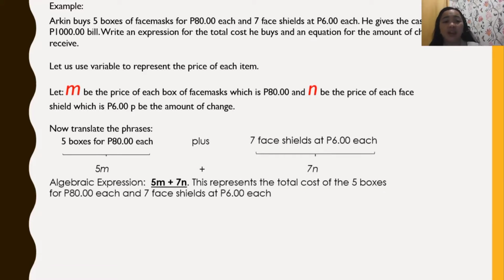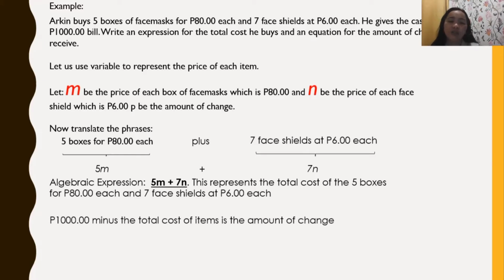Therefore, the algebraic expression is 5M plus 7N. This represents the total cost of the 5 boxes for 80 pesos each and 7 face shields at 6 pesos each. So, ito yung nagre-represent na expression para dun sa total ng binili niya.